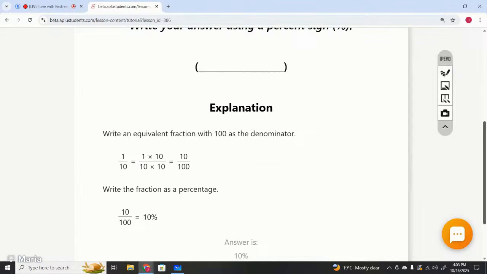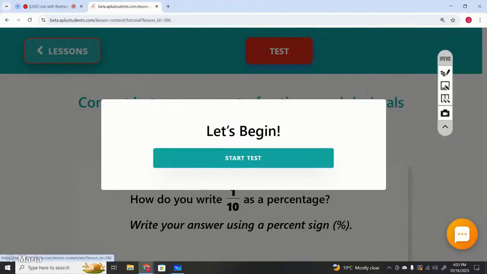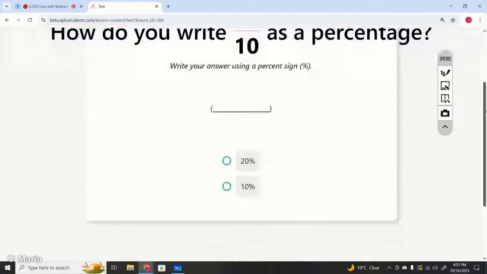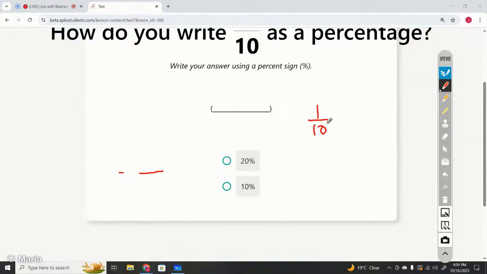Let's just start with the test questions. How do you write 1 by 10 as a percentage? So you need to make the denominator equal to 100.